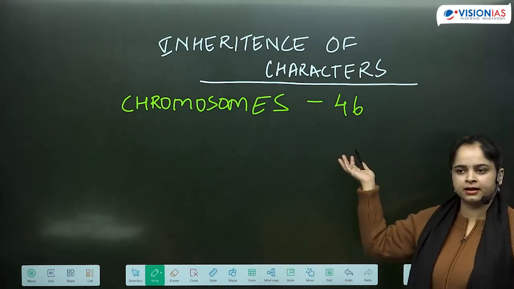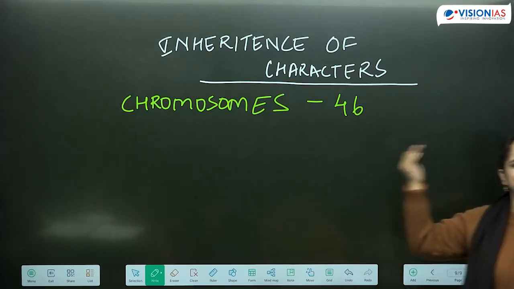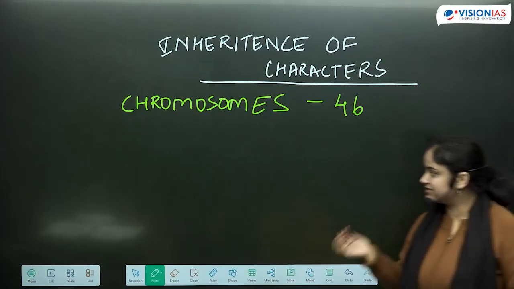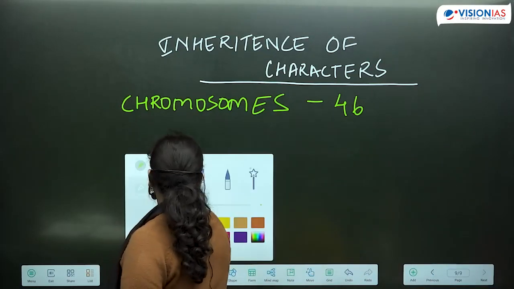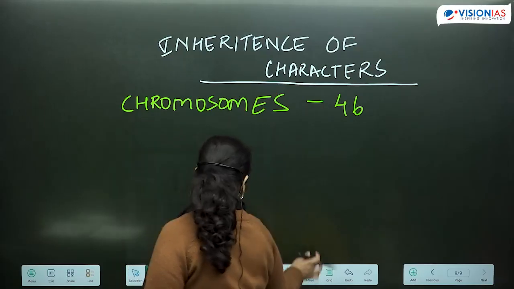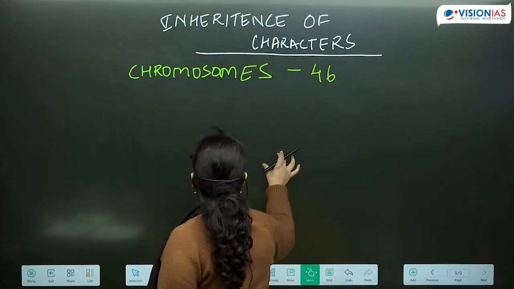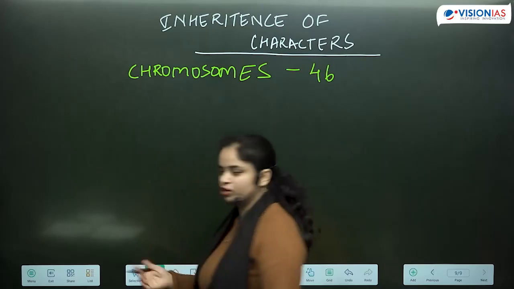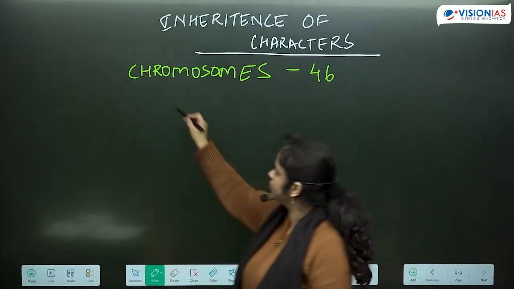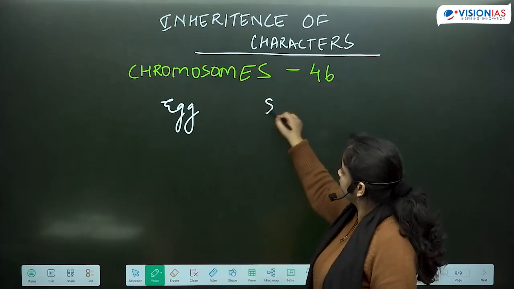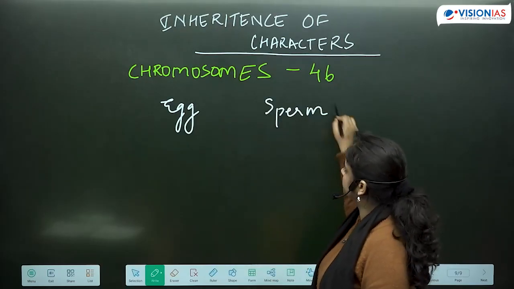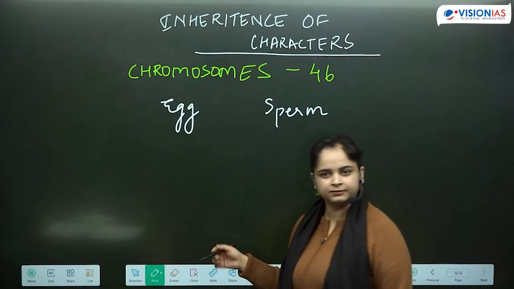This is coming from our parents. The cells which are contributing to this is... we spoke about this, the reproductive idea, yesterday also. So you have an egg, you have a sperm, the gametes.